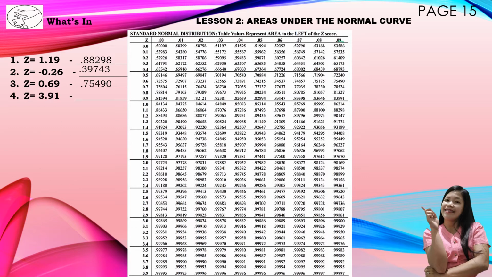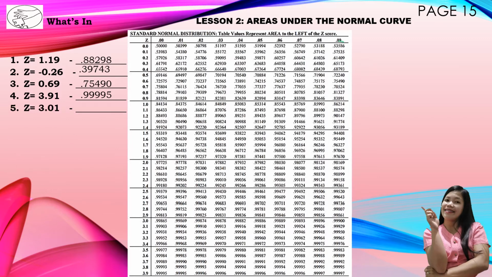For number 4, we have z equals 3.91. 3.9 is located on this part. 0.01 is located on this part. So their intersection would be 0.99995.